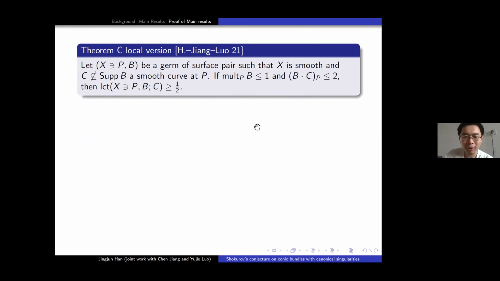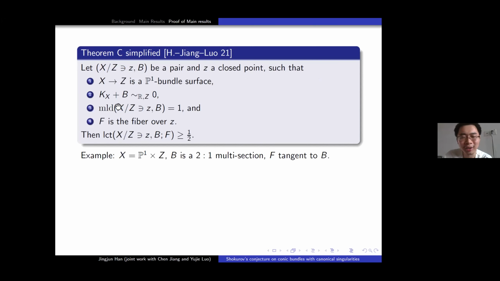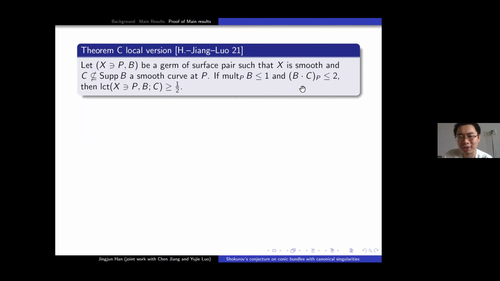And here I also need to let K_X plus B be linearly trivial over the base. Since I know that F is P1, this means that the degree of B restricted to F is less than or equal to 2. So we can also translate it to the local setting. This means that the local intersection of B with C at the point P is less than or equal to 2.